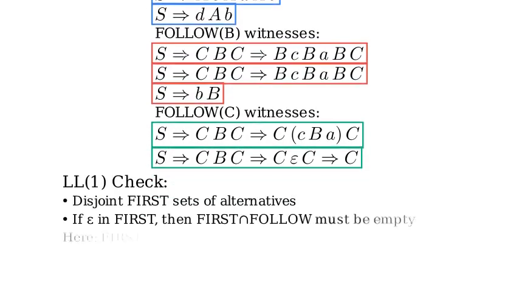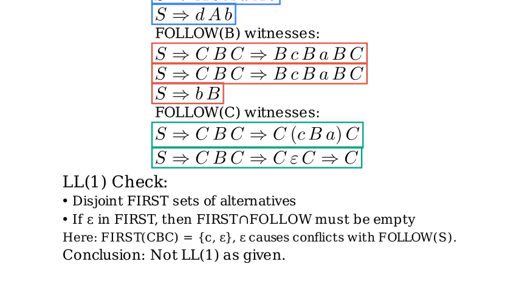Does this grammar allow standard recursive descent? That is, is it LL(1)? For LL(1), distinct alternatives for a non-terminal must have disjoint first sets, and epsilon productions must not cause first and follow conflicts. Here, capital C and capital B both derive epsilon, and the production S arrow C B C has first equal to the set containing c and epsilon.